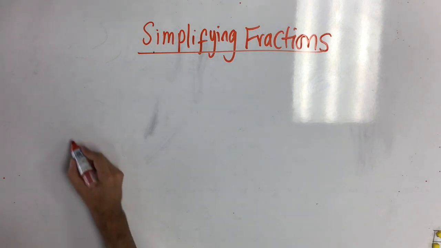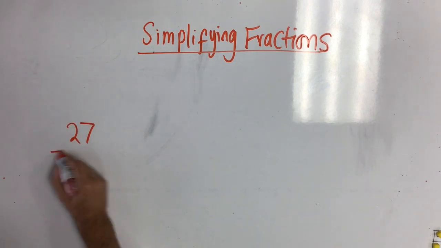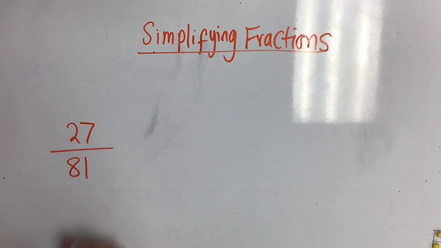An example of this could be 27 over 81. It's quite impossible to really understand what 27 out of 81 parts might look like, which is why you simplify it down to its smallest possible point.